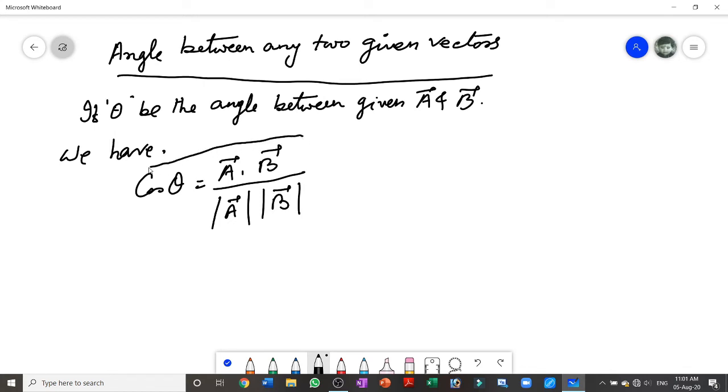So this is the formula you have to remember. Cos theta equals to a vector dot b vector by mod of a vector mod of b vector. So by applying this formula we can easily find out the angle between any two given vectors.